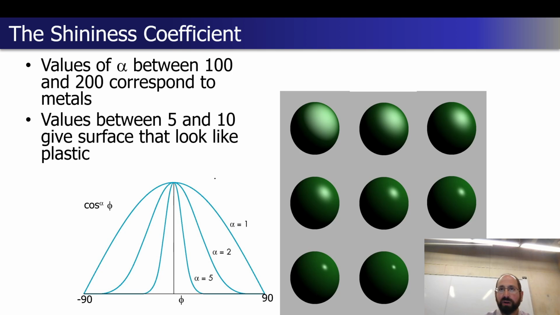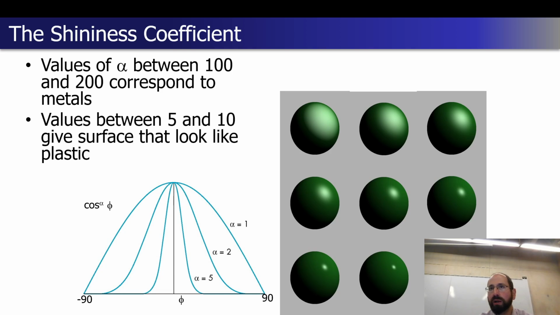And you can see a very quick example of what that looks like in practice for different values of alpha. Values of really high alpha tend to concentrate the amount of specular lighting that's reflected around a relatively small amount. As our angle phi grows with very high alpha, that value goes to 0 very quickly. So you tend to have very small specular highlights. So this would be low alpha, this would be large alpha.